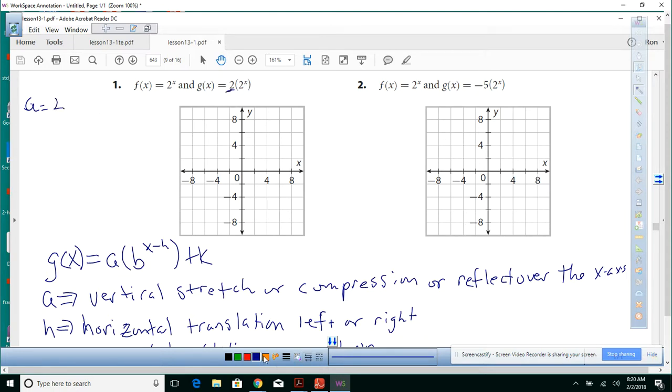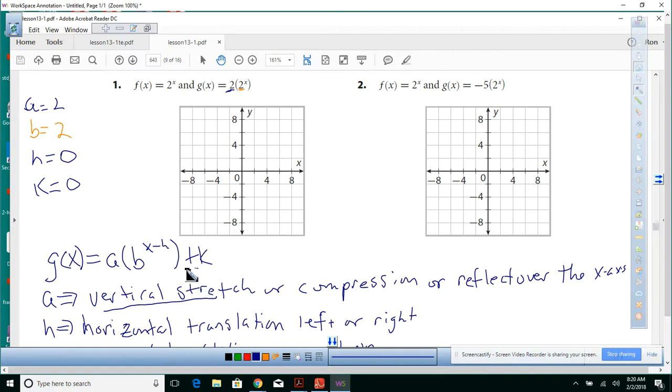B, and let's use a different color, b is 2. H, there is no h, so h equals 0, and there is no k, so k equals 0. All right, so what's going to happen here? 2, okay, it's greater than 1, so that's going to be a vertical stretch.